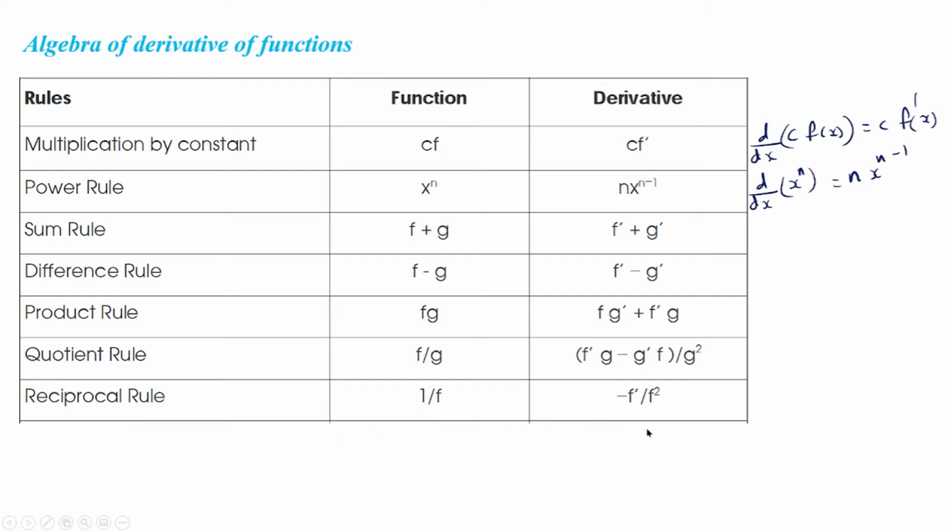The derivative of 1 by f is minus f dash upon f square. That is d by dx of 1 by f of x is equal to minus of f dash of x upon f of x the whole square.